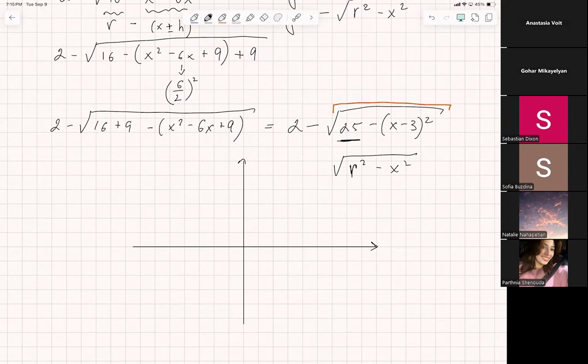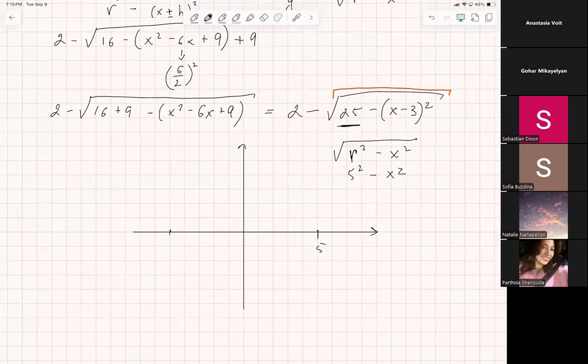It's going to be 25, which is 5 squared, right? So we have 5 squared minus x squared. So I'll start with a semicircle of a radius 5, okay? So I'll probably need to do the whole circle because it's easier to do it this way. So 5 here and negative 5 here.